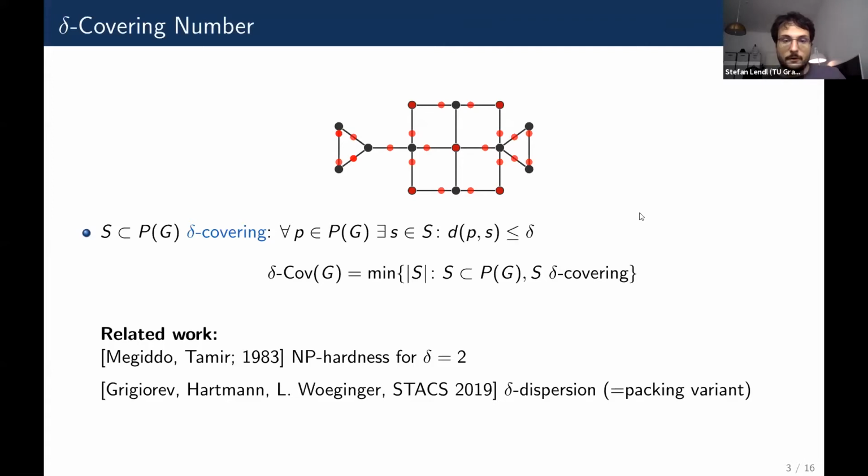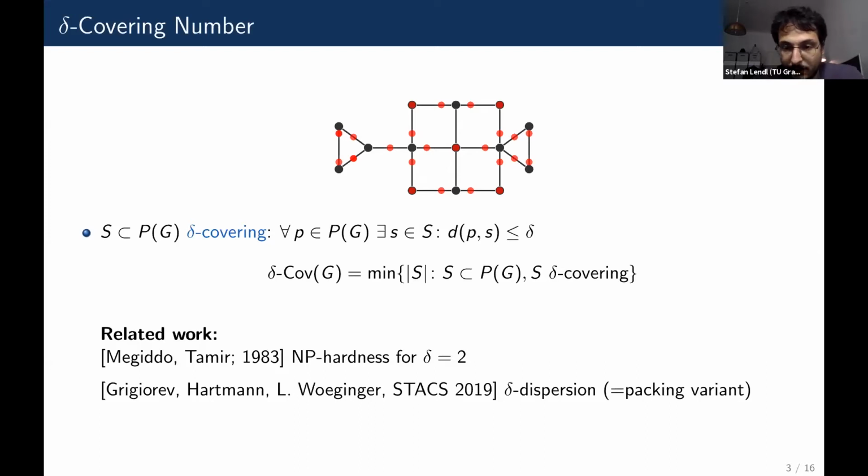Now, what is known about this model? A paper of Megiddo and Tamir from the 80s proved that computing this delta covering number is NP-hard for fixed delta equal to 2. So they looked at this specific case and showed NP-hardness. They also proved that computing the delta covering number is solvable in polynomial time if the graph is a tree.